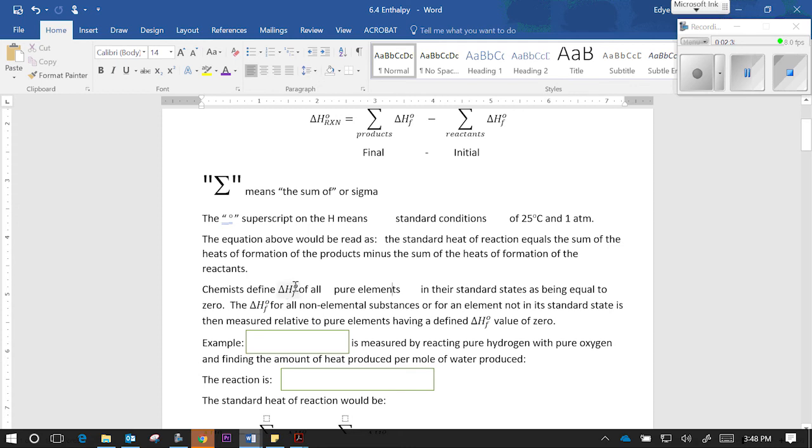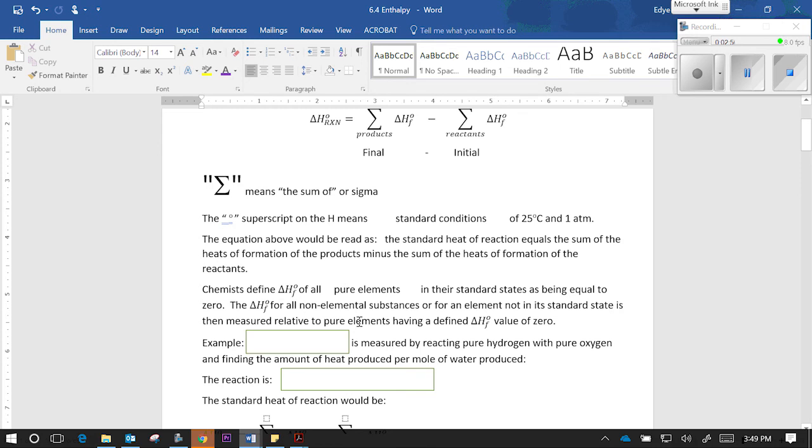Enthalpy is a relative scale. We'll talk more about this. It's a little confusing at first. It's relative to our definition that all pure elements in their standard states are considered to have a heat of formation of 0. And then we measure the heats of formation of all other substances relative to the pure elements.